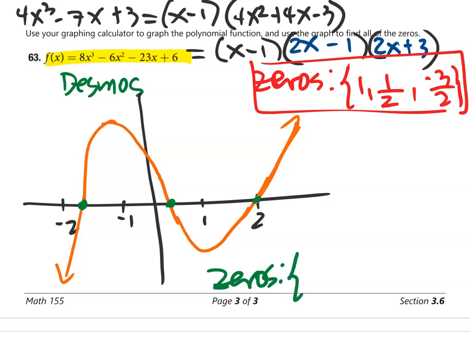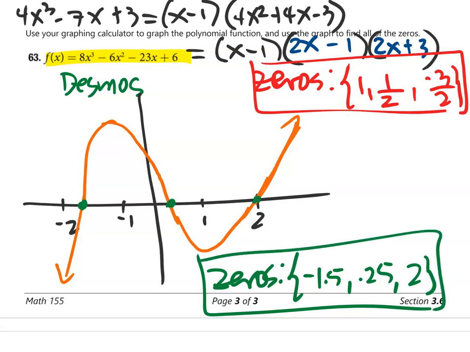And this is actually exactly -1.5. This one is 0.25 when you trace it, or using Desmos you just click on the point on the x-axis and you will see the exact x value, and this is 2. So these are the zeros.